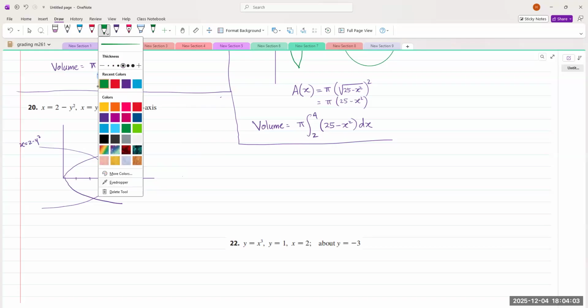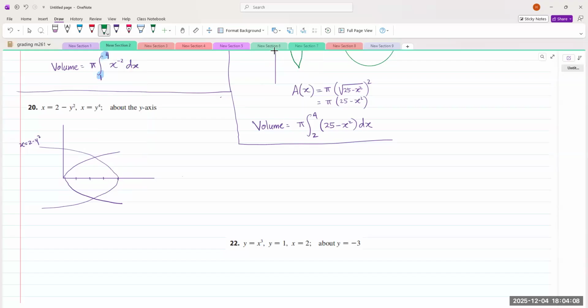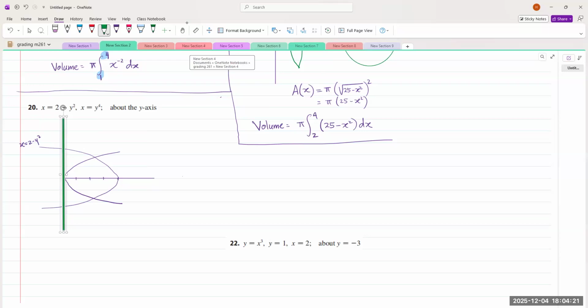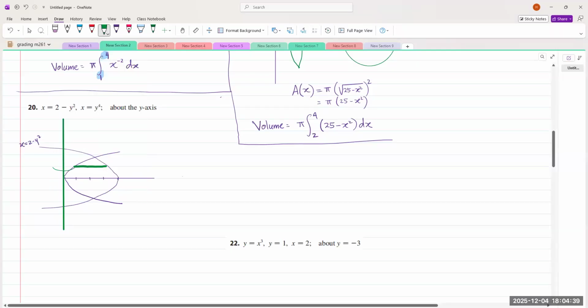The axis of rotation is very important for us to observe which method to use later on. Because I revolve with respect to the y-axis, if I need to use the disc or washer method in this case, then the typical line has to be perpendicular to that axis of rotation, or axis of revolution. Now, if I rotate that, I will get something that looks like this.